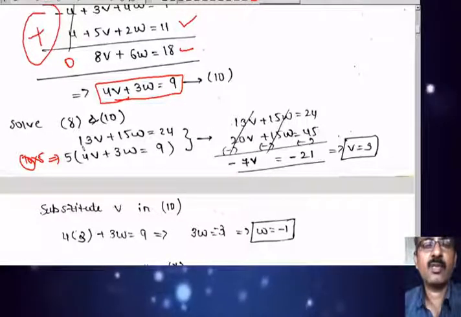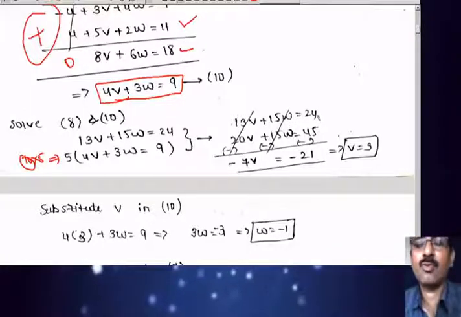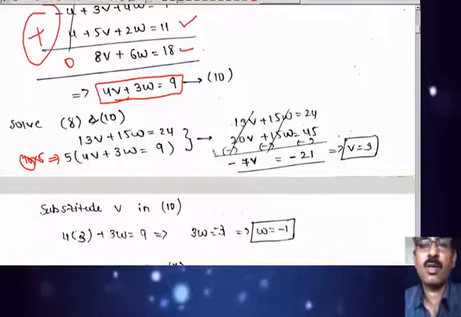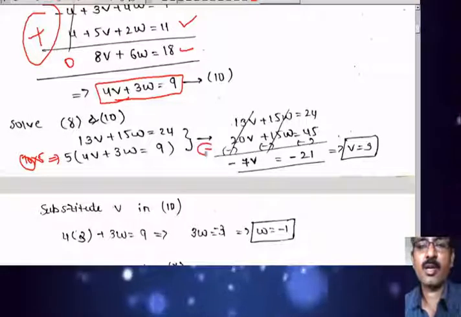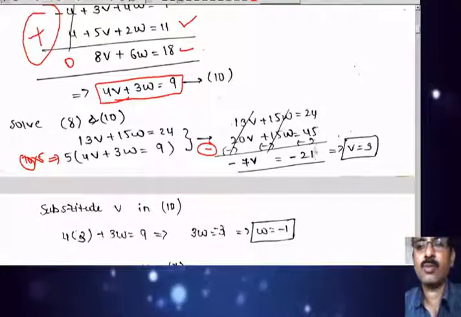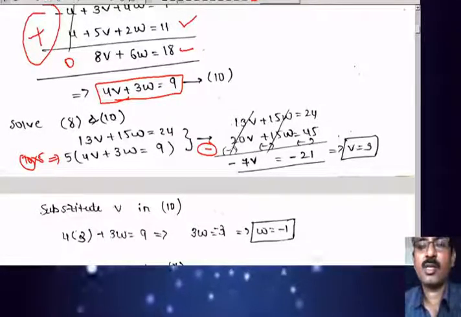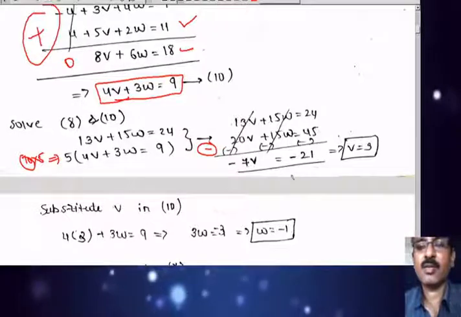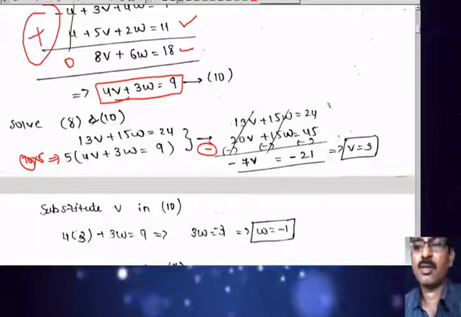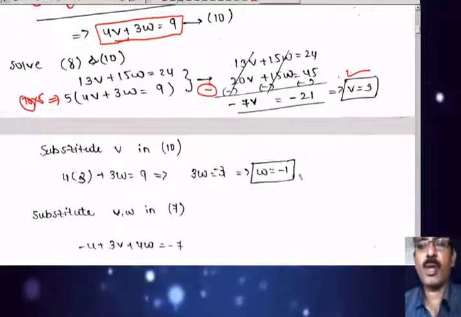Equation 8 is taken as it is: 13v plus 15w equal to 24. Here we are subtracting, changing the symbols. 15 minus 15 is 0, minus 21, 21 minus 45 is minus 21. Here 13 minus 20 is minus 7. Then v equal to, finally we got, minus 3. v equal to minus 3.